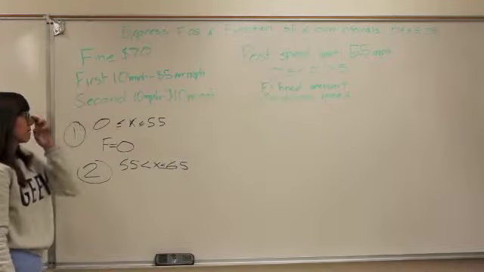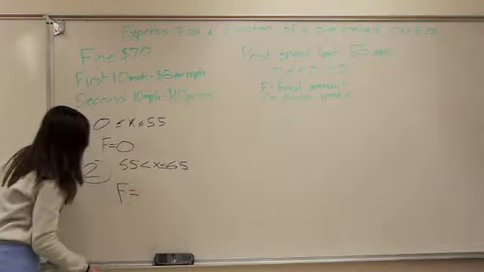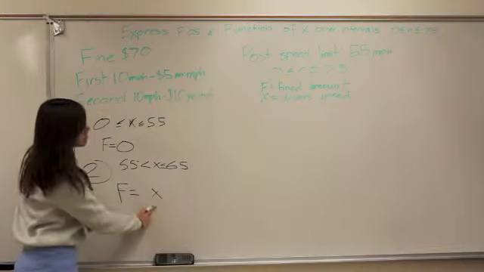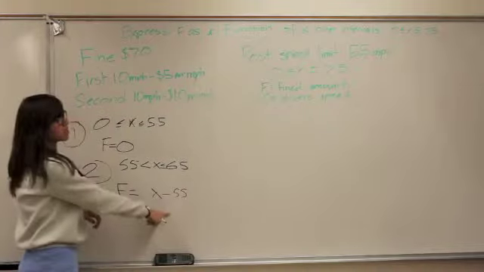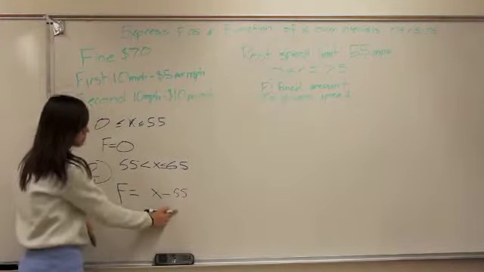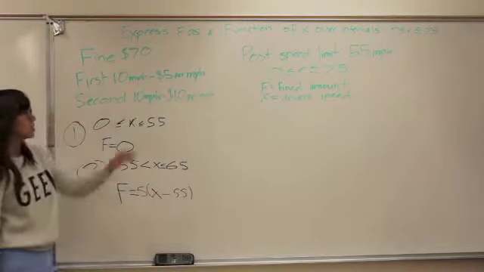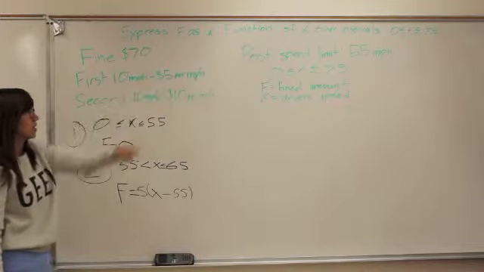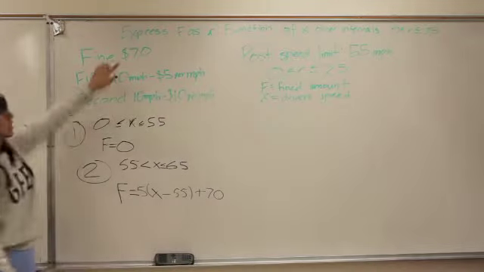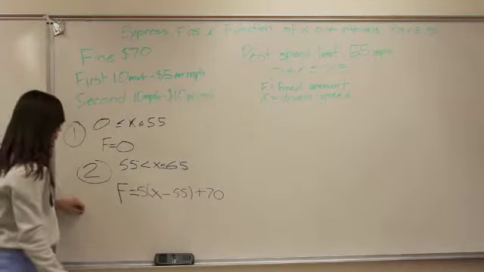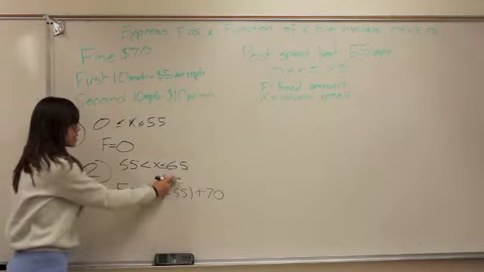And then to find f, we set f equal to x, which is the driver's speed, subtracting it from 55, which is the posted speed limit, and multiplying all that by 5, which is the 10 miles per hour additional charge, and adding that to 70, because that is the fine amount when you go over the speed limit. So this becomes our next function between the intervals 55 and 65.